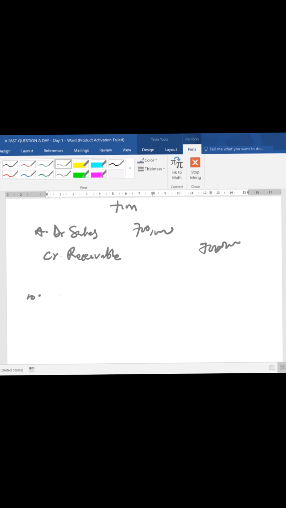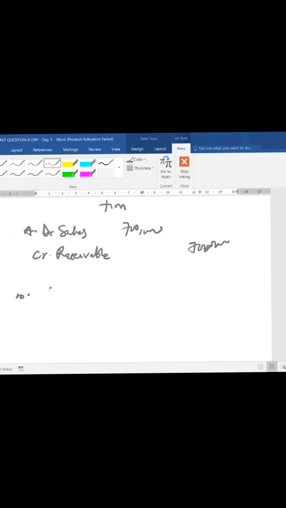So we have our cost of goods sold, which is 100,000, and we are debiting it. Then we are going to credit our closing inventory reported in our balance sheet, also 100,000.